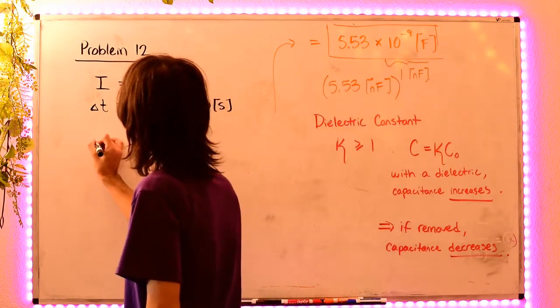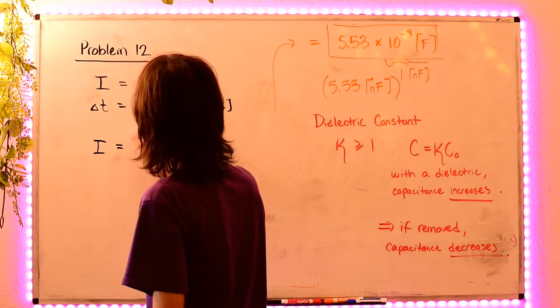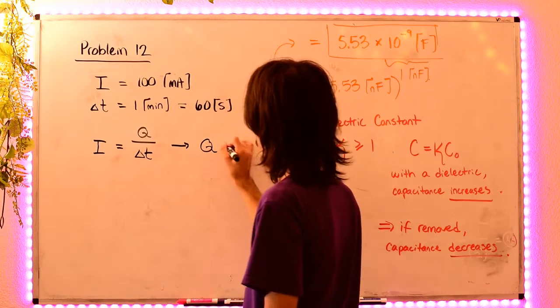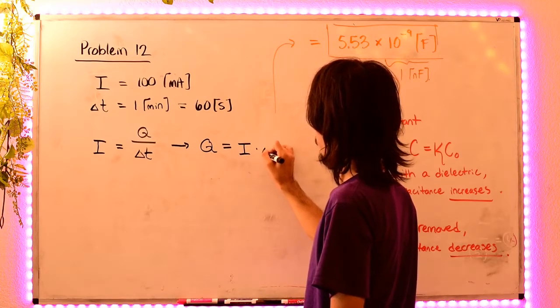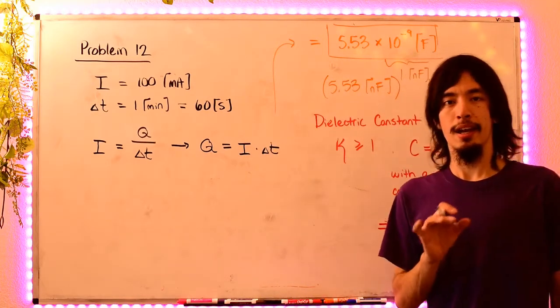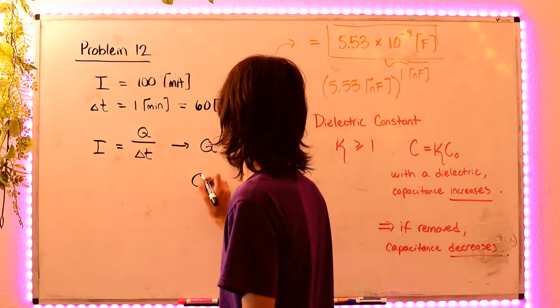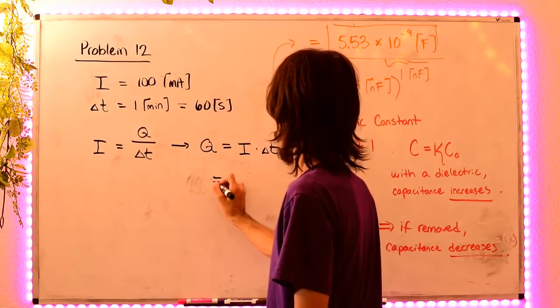So the current equals charge per amount of time, so that when you solve for the charge, it's the current times the amount of time elapsed. We have the current, we just need to put it in amps, and I'll specifically write it in its broken down units just to emphasize.